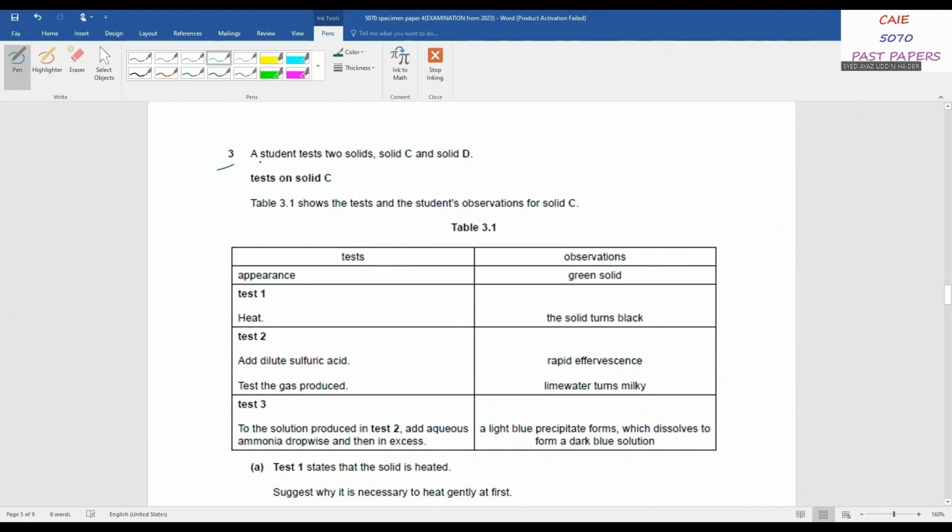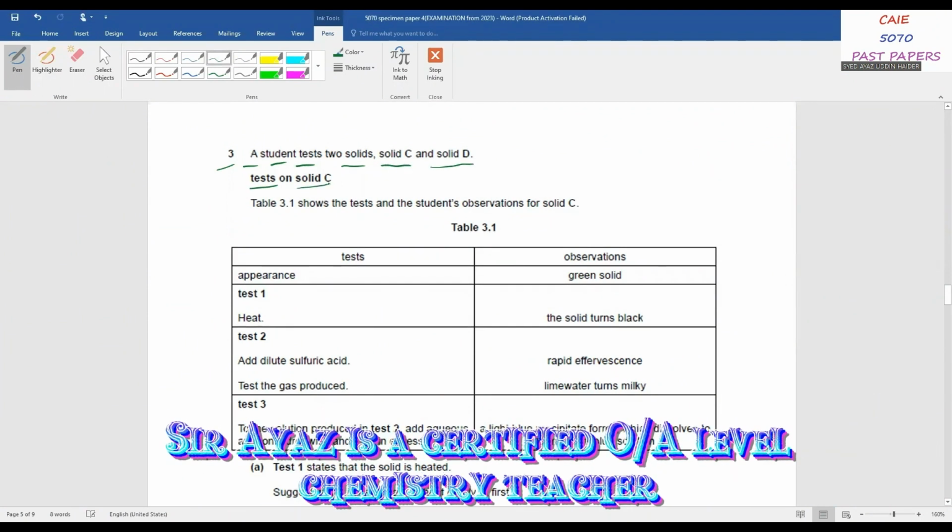Question number 3 is, the student tests two solids, solid C and solid D. Test on solid C. Table 3.1 shows the results and the student's observations for solid C. Here's table 3.1. Appearance, green solid. Test 1, heat. We get the solid turns black.